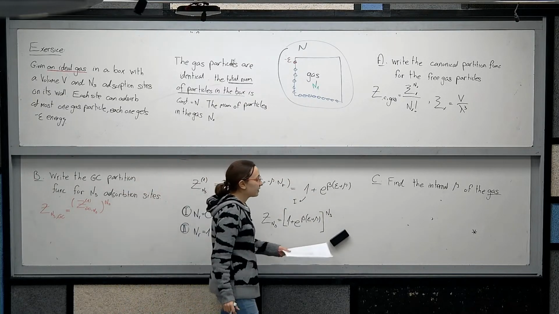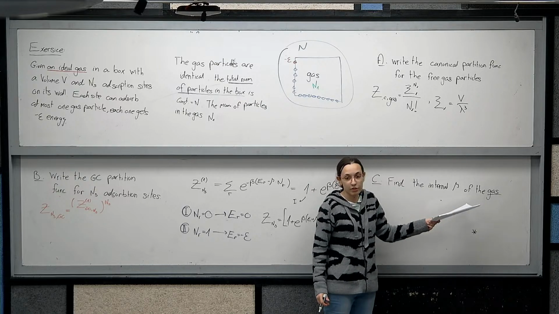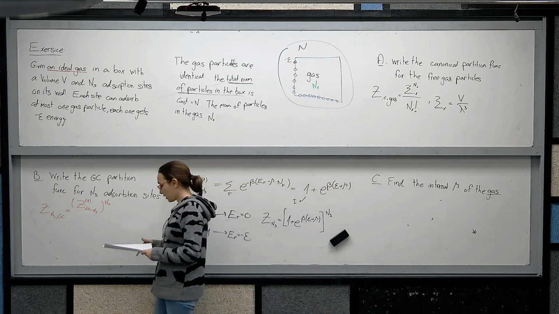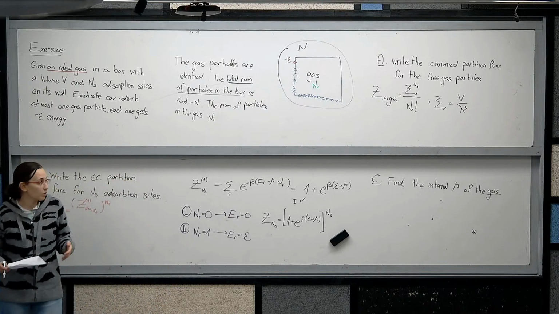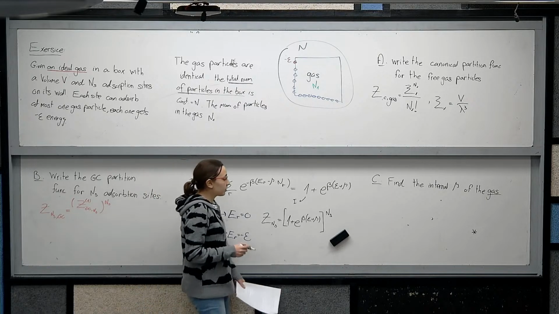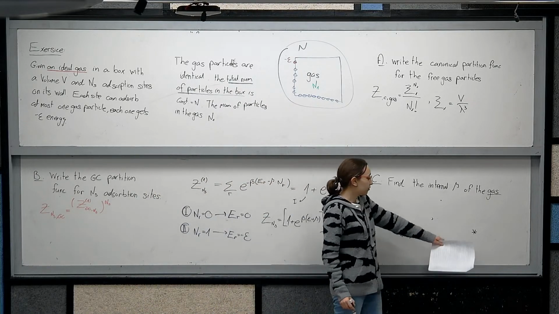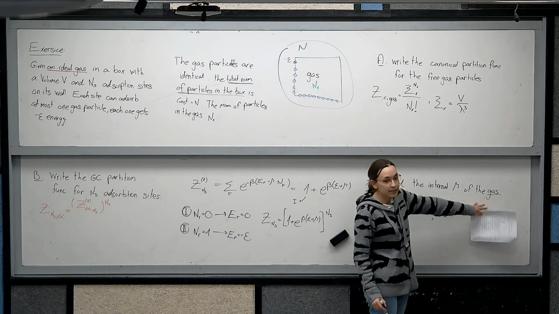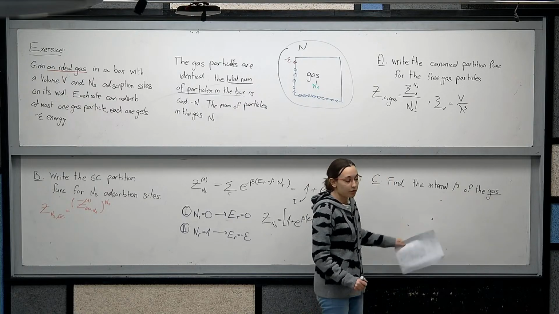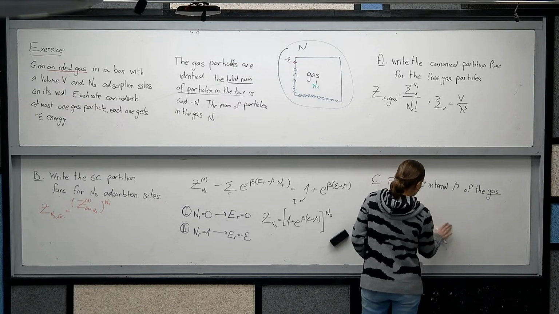And we want to find its chemical potential. This is a thermodynamic variable, so we first need to calculate the Helmholtz free energy of the gas. Then we can extract this mu from the energy of the system.